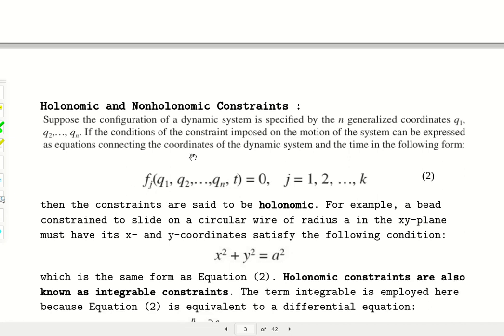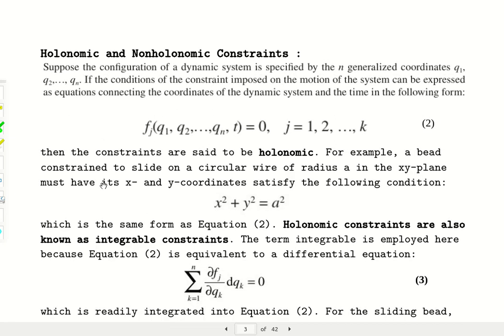Here one equation is written for the jth constraint, but the total number is k. So equation 2 just denotes k different independent equations, where each equation consists of those n generalized coordinates. These constraints are called holonomic constraints, and for this the generalized coordinates are reduced in number.